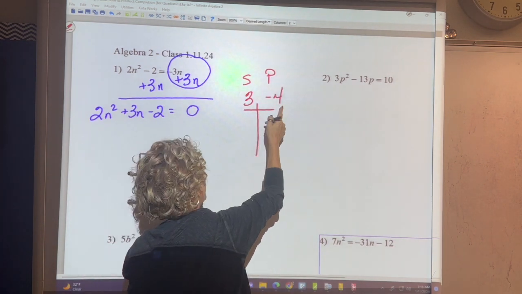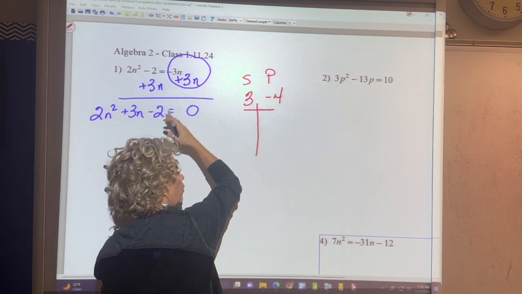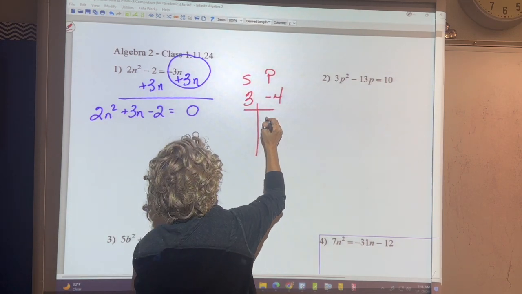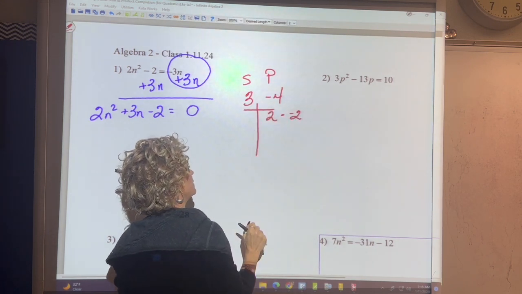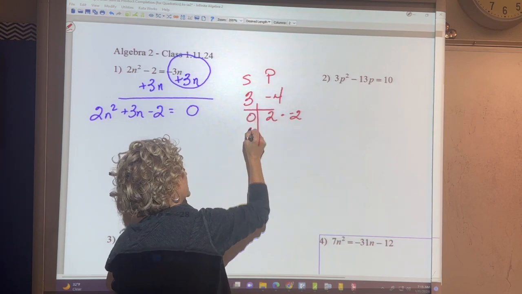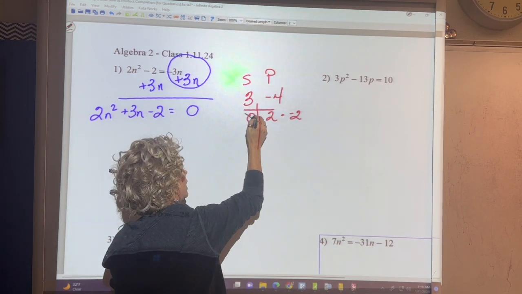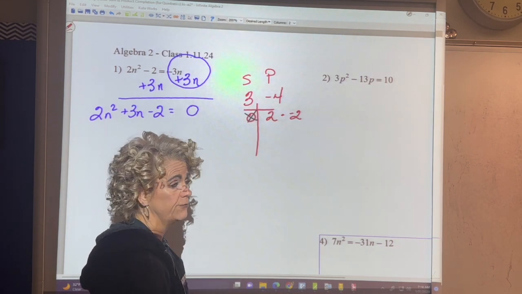So I've got to find the factors of my product, a negative 4. We just did those. They multiply to be a negative 4, but now I have to add them. 2 plus a negative 2 is 0. That is not what I want. So I need to continue to find the other factors of a negative 4.